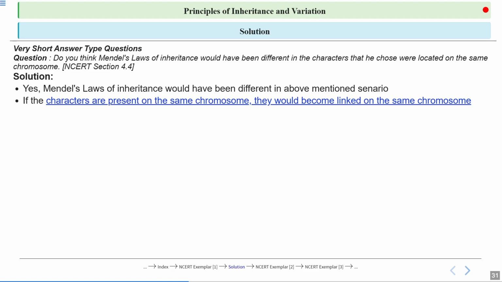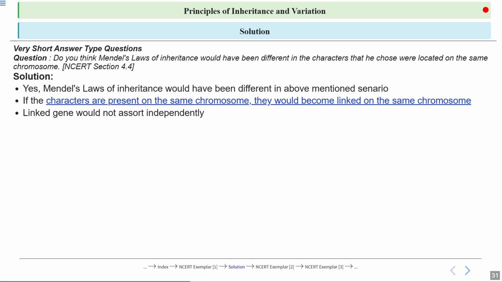If the characters are present on the same chromosome, they would be linked. Linked genes are present on the same chromosome and they are inherited together. That's why you get more parental combinations and you don't get the 9:3:3:1 ratio in dihybrid crosses or 3:1 in the monohybrid cross. Linked genes would never assort independently.